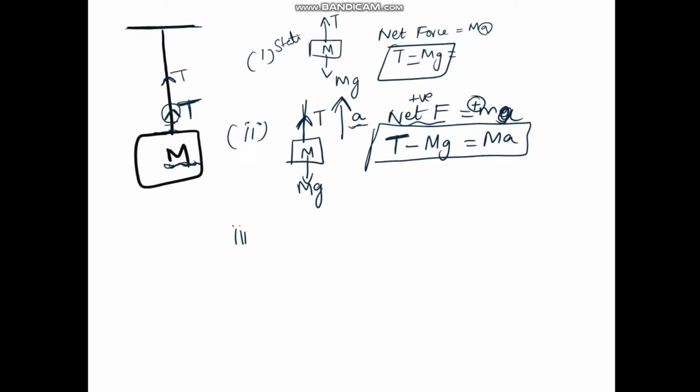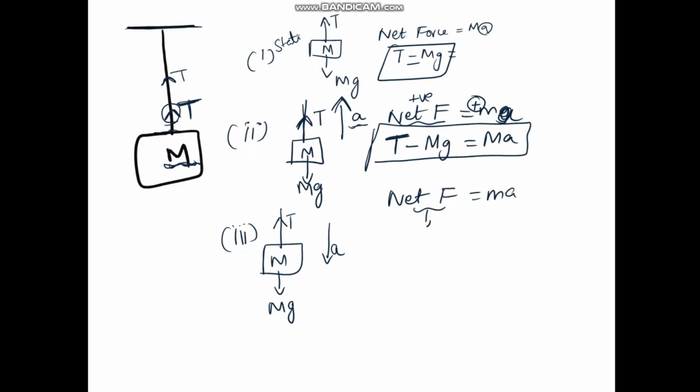Now let us assume that the system is moving downward. The same block of mass m, and the same tension acts in the direction opposite to the gravitational force, which is mg downward. The block is moving downwards with acceleration a. Net force is ma. Net force must be positive, which is when it is greater force minus smaller force.